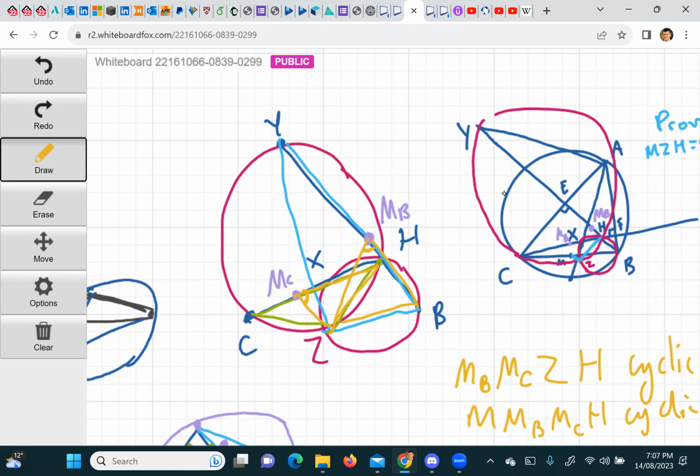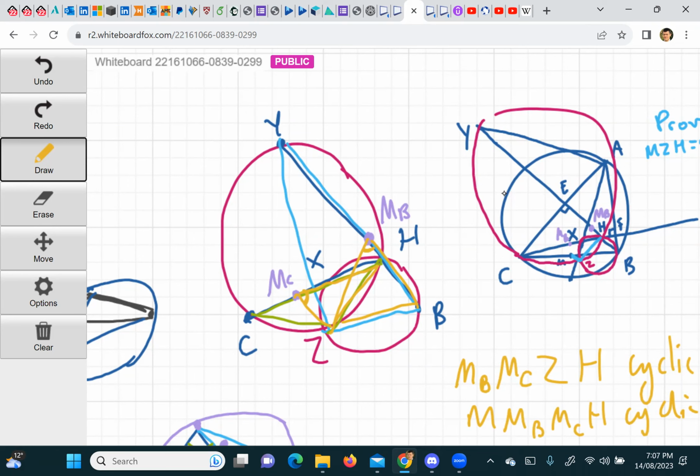Okay, so then the question is, how do we prove that the point MB is sent to MC? In some sense, the hard part of the problem is over.